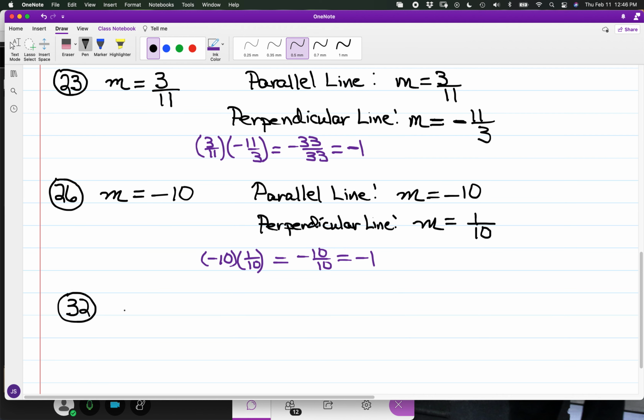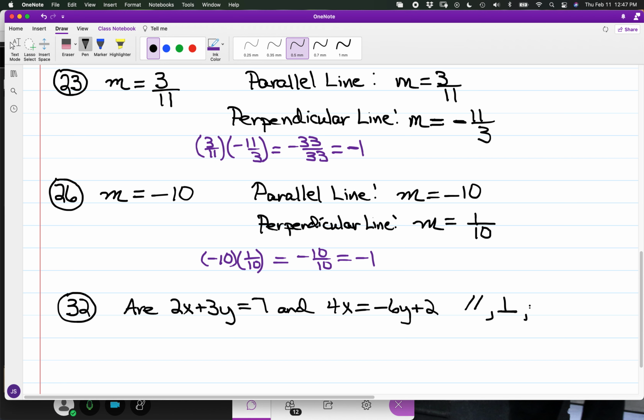All right, so you have posed the question: whether 2x plus 3y equals 7 and 4x equals negative 6y plus 2, are they parallel, perpendicular, or neither?